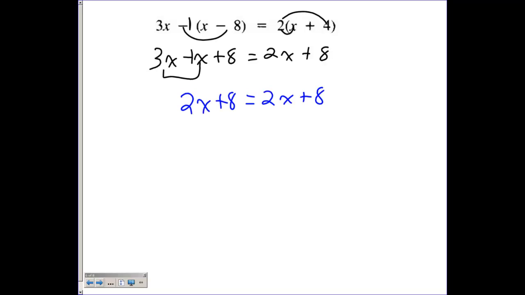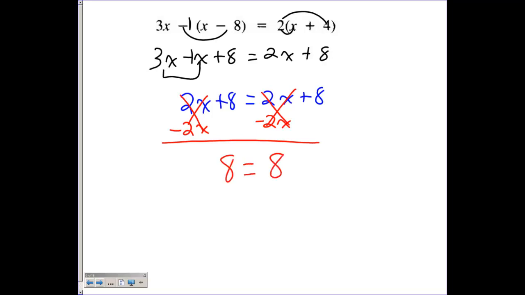So if you try to subtract your x's, so we have to subtract 2x from both sides, our variable drops completely out of the problem, and what's left over is 8 equals 8. And that is true. So in a scenario like this where there's no more variable left in the problem, what's left over is true.